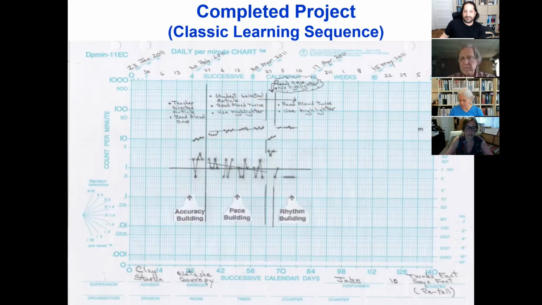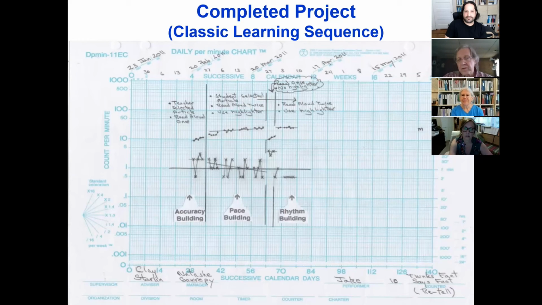By taking them out and naming them that way, and as this chart shows, I think this really is a classic learning sequence. You start with kids who we need to build their accuracy because they don't actually know the skill very well. Then once their errors start to come down, a lot of our focus is building pace so that they're really getting automatic with it.